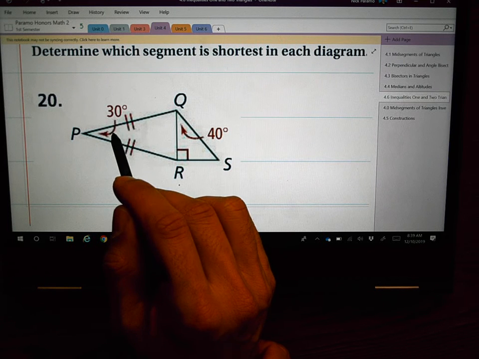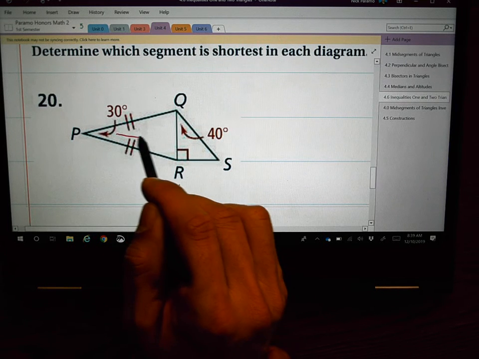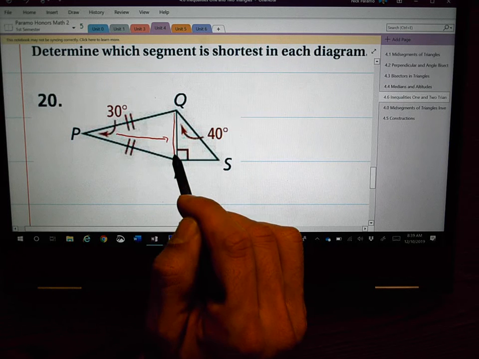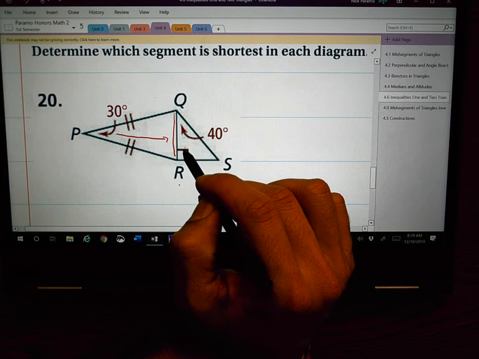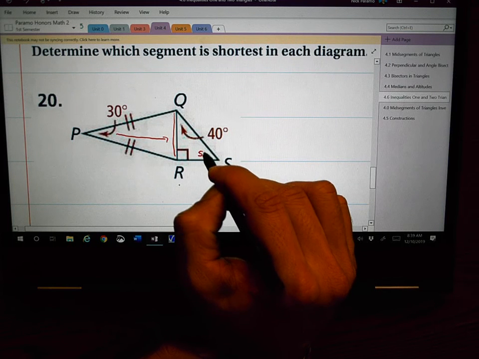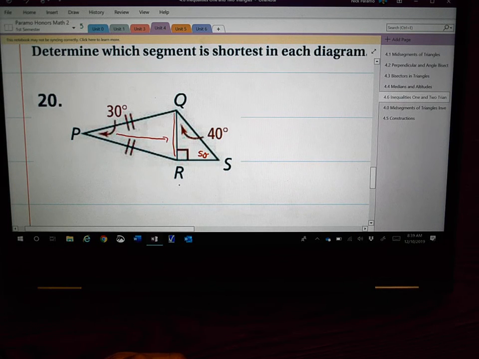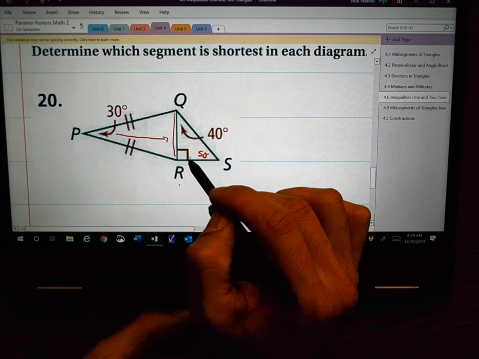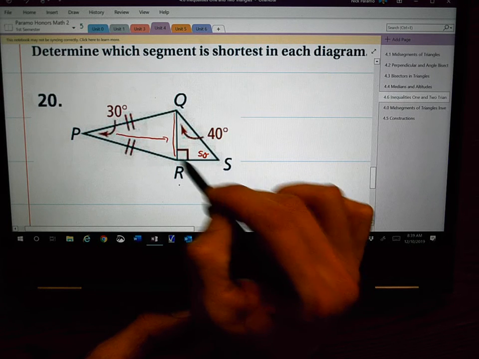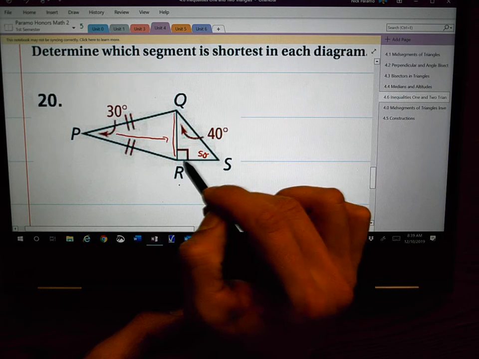30, yes, is the smallest angle, so across from it, yes, QR is the smallest one of the left triangle. But since the right triangle has a 40 and a 50 degree angle, 50 is bigger than the 40, meaning QR is bigger than the RS.